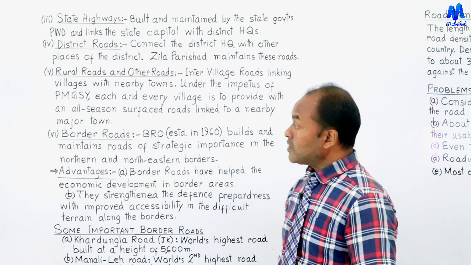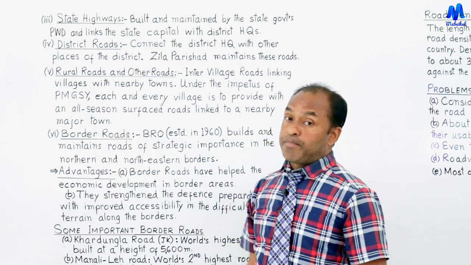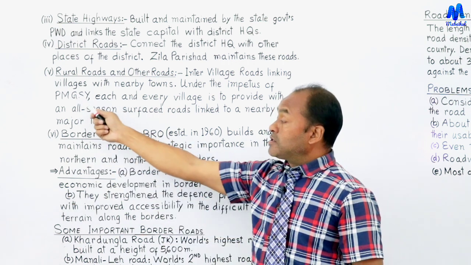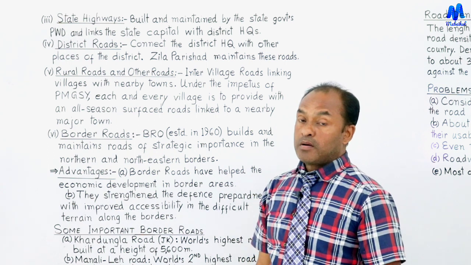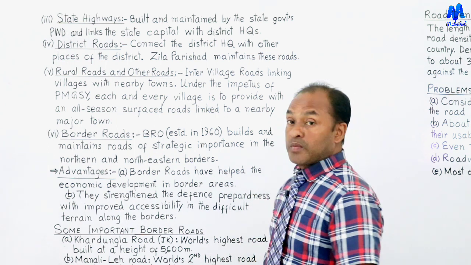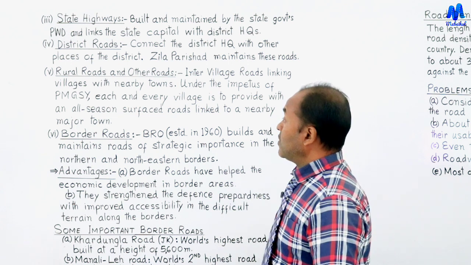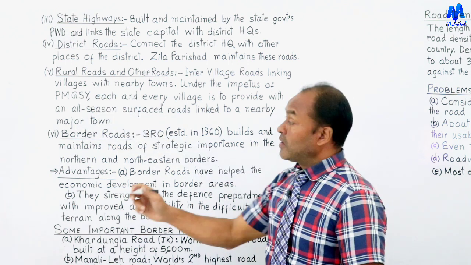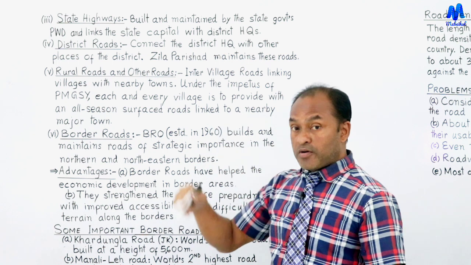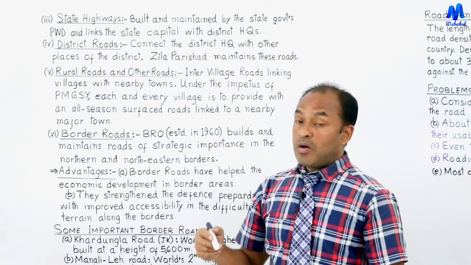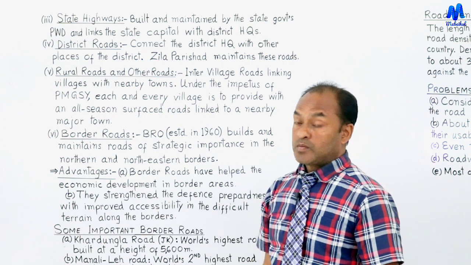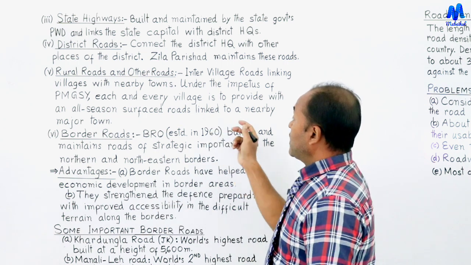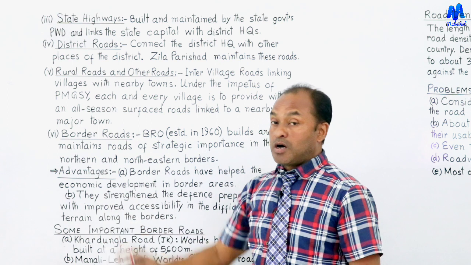This PMGSY, Prime Minister's Gramin Sadak Yojana, is a scheme for road building initiated by the government of India. Under this scheme, each and every village is to be provided with an all-season, all-weather surface road, which is again linked to a nearby major town.